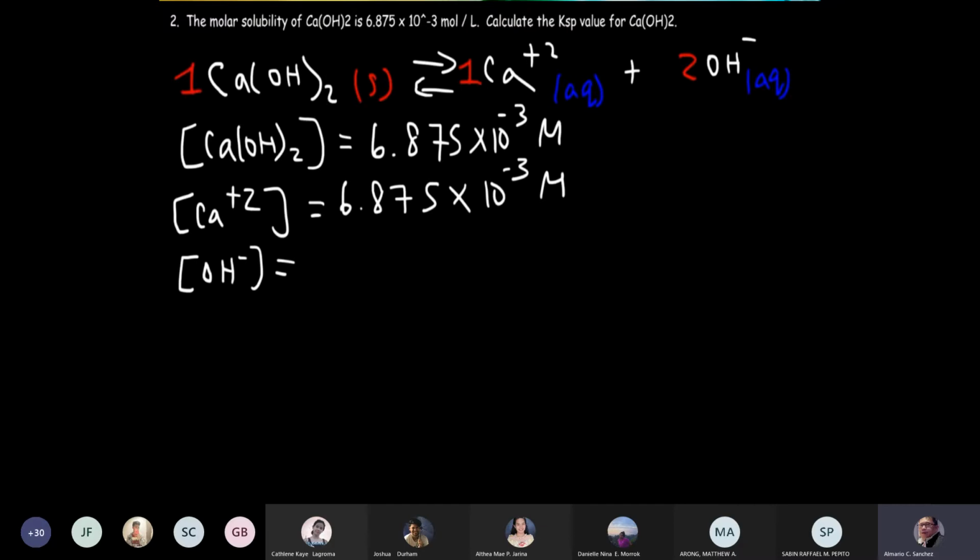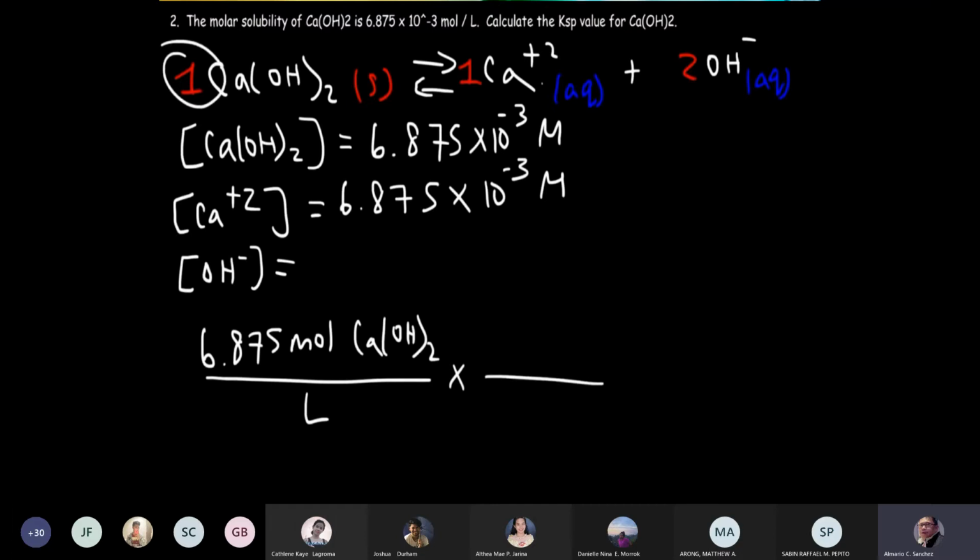So for those of you who want to show your work, here's what you can do. So starting with calcium hydroxide, the molar concentration is 6.875 moles of Ca(OH)2 per liter. So you can start with that. And then use the molar ratio. The molar ratio is 1 to 2. So for every 1 mole of calcium hydroxide that dissolves, you could say that 2 moles of hydroxide ions are produced.